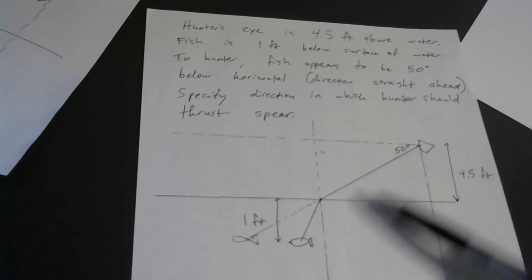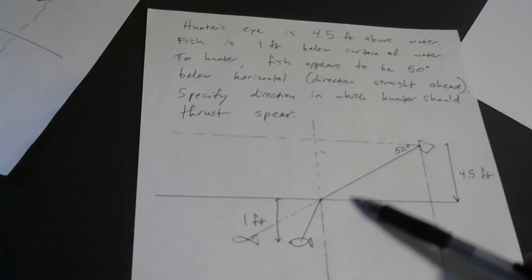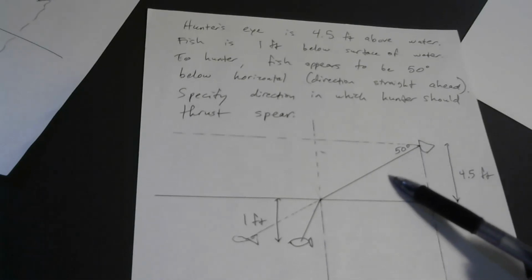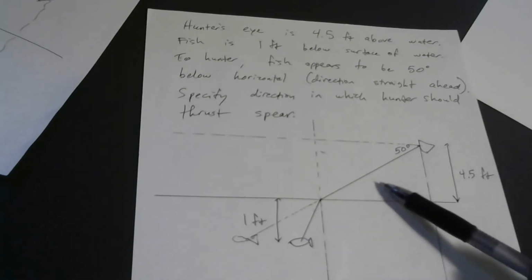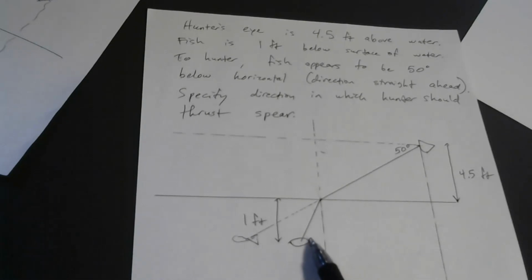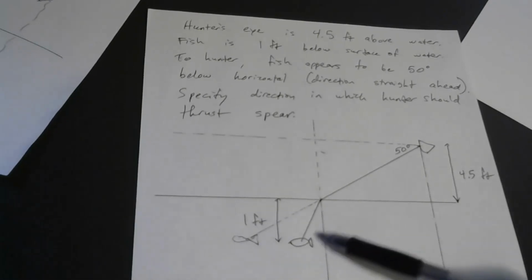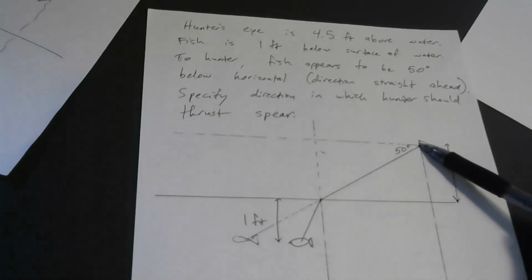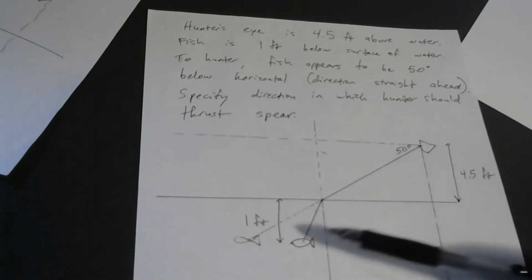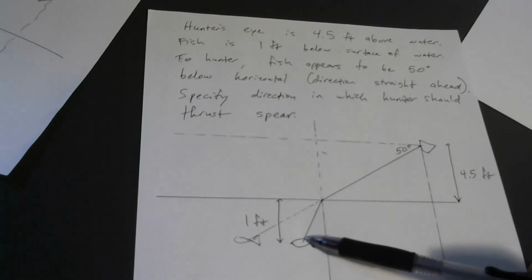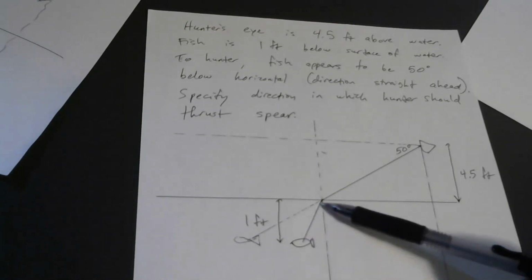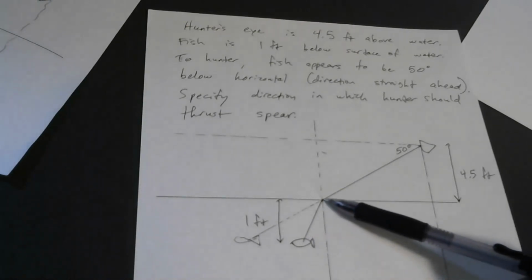We could say, figure out the direction of this ray from their eyeball to where the fish actually is and give that angle below the horizon, or just state how far in front of the fisher's body the fish is located. I think I'll go with the direction of this ray, which I'm not going to draw yet. But here's a ray leaving the fish, refracting at the water-air boundary.